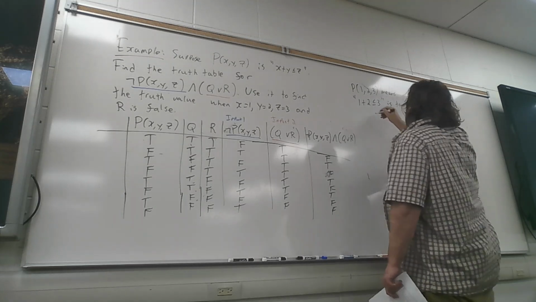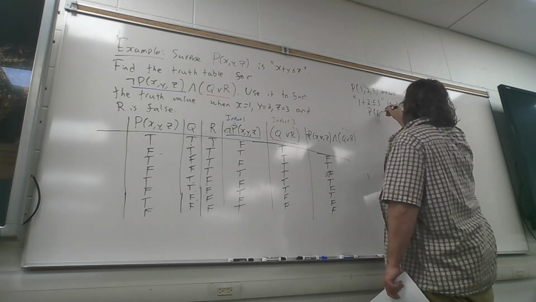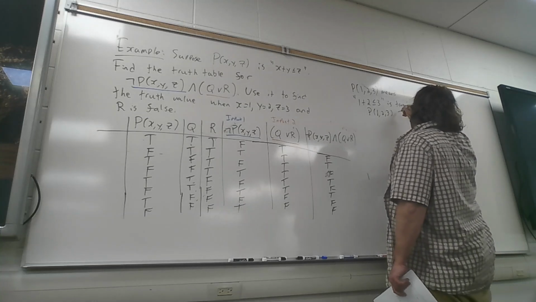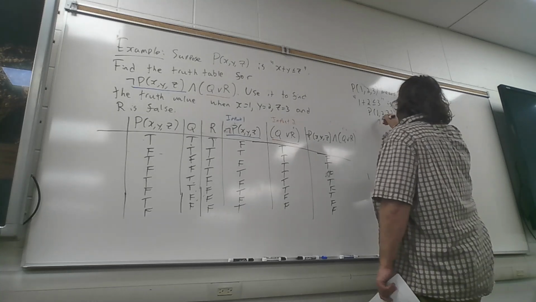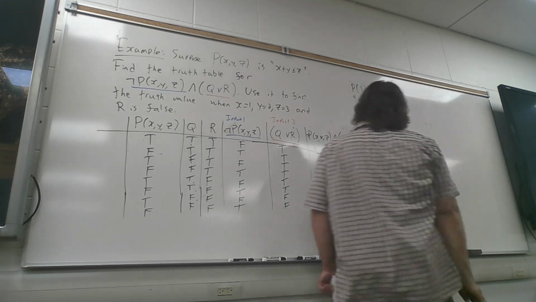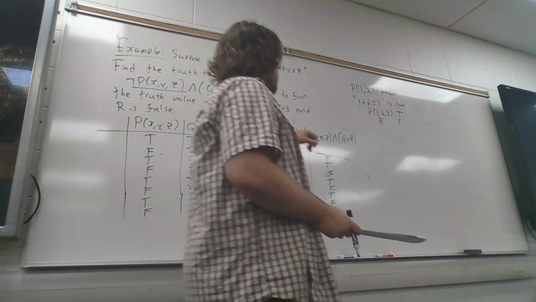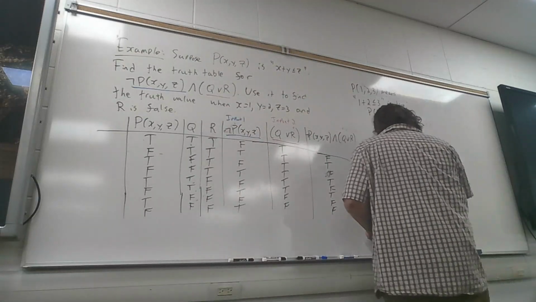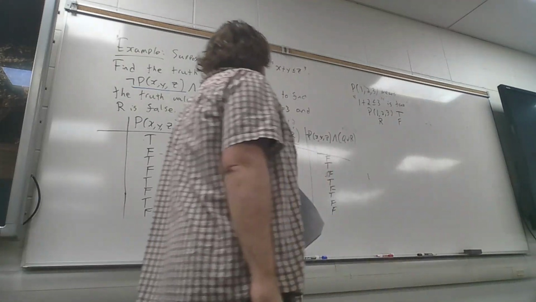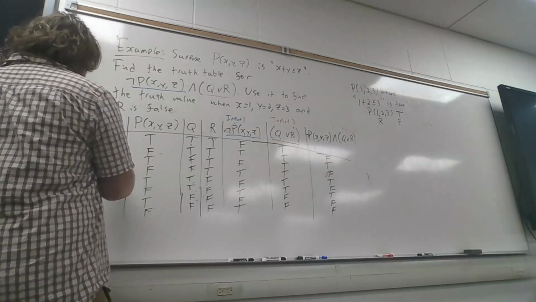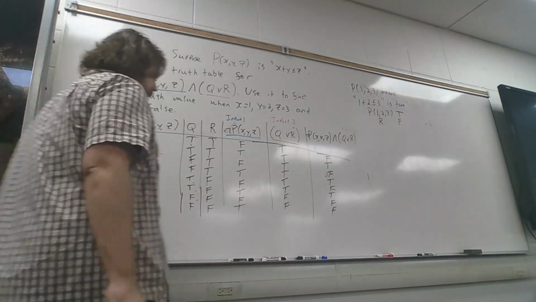Okay, so P of 1, 2, 3 is T, R is F. Right, that was given to us. R is F, P is true. So now we just take a look at this table and say, okay, well, when is P true? Here, here, here, here.